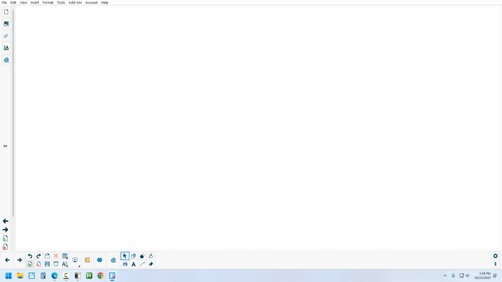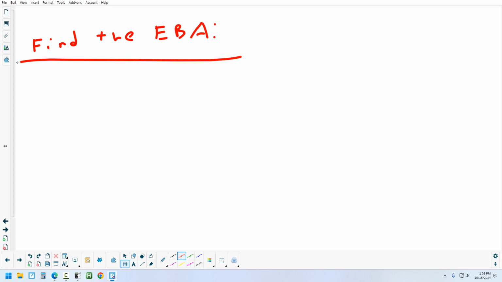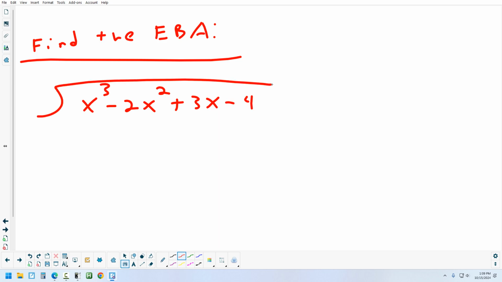All right, so let's find the EBA. Let's do x cubed minus 2x squared plus 3x minus 4, and I'm going to divide into that x minus 1.